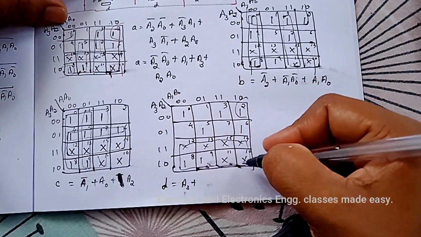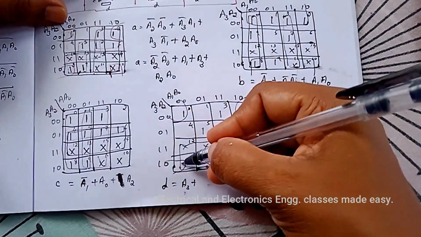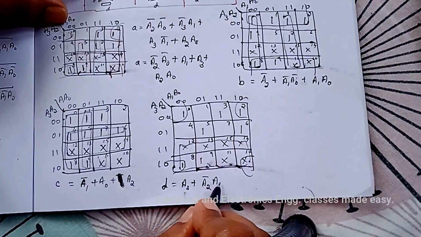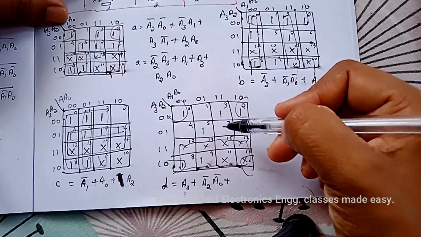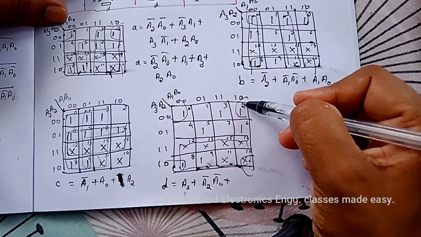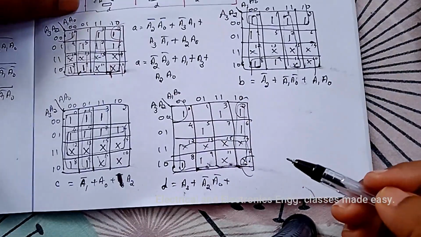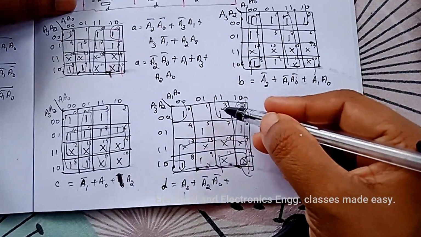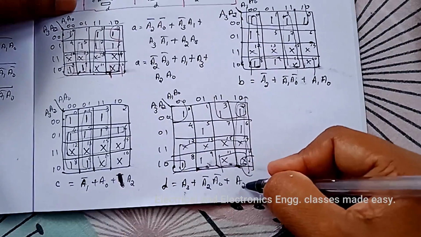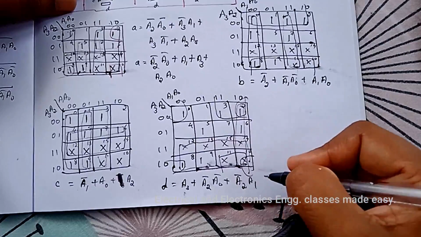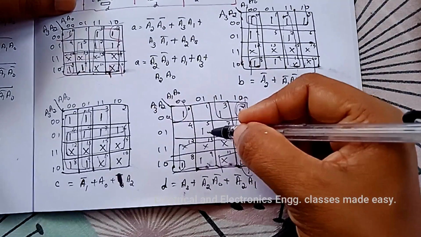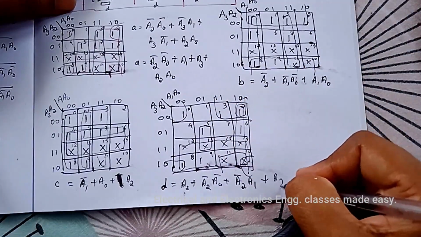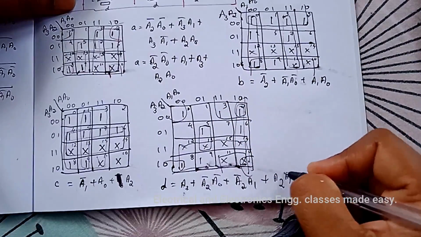next these corner squares we can wrap together and that is A2 bar A0 bar plus next we can combine these 4 squares and that is A2 bar A1 plus these 2 squares we can combine and that is A2 A1 bar A0.